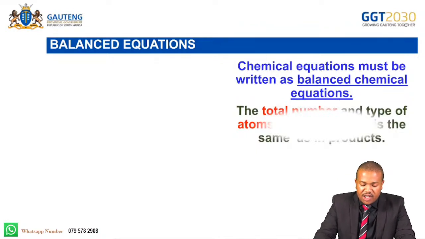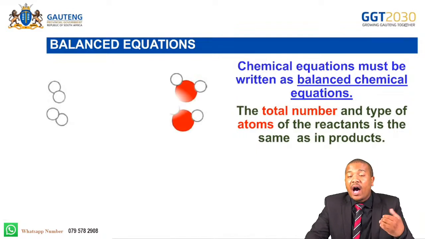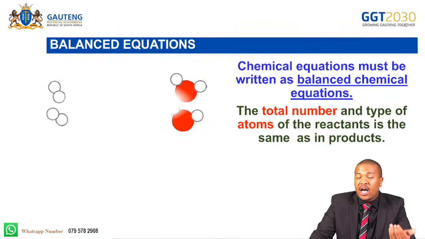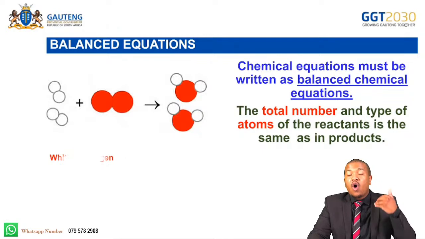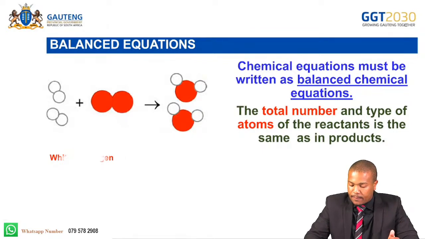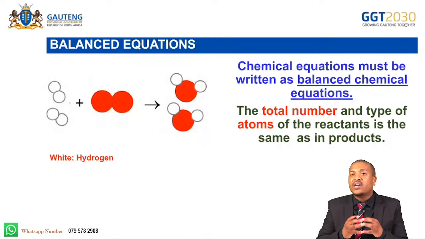So let's look at this chemical equation here. Let's note that the white circles are our hydrogen atoms, and the red circles are our oxygen atoms. Are we together? Now I want us to work on this and see if the equation is balanced, based on what I've told you.